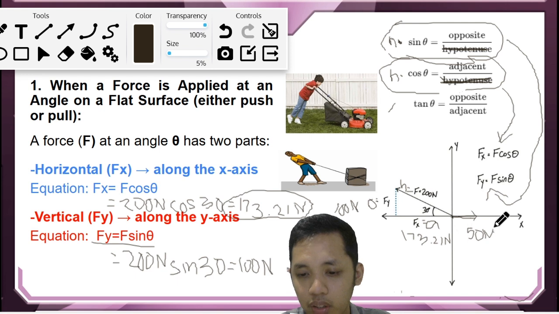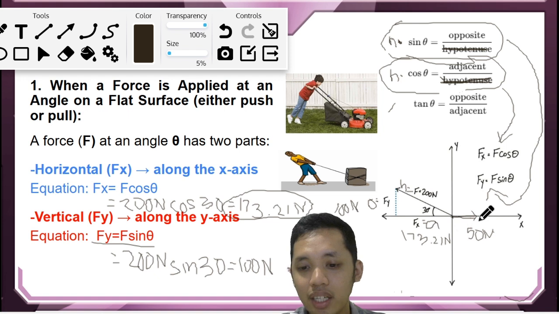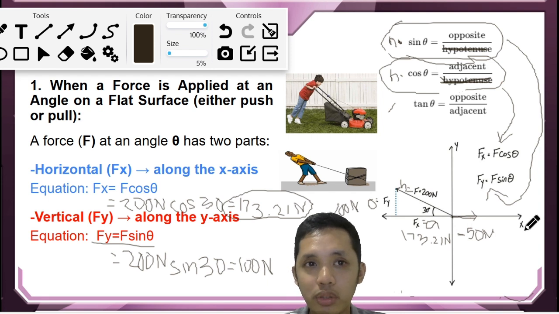Okay, so the friction force is along the x-axis because it is the surface or the floor that forms a friction force with the object. And usually friction force has a negative sign because it opposes the motion of an object.